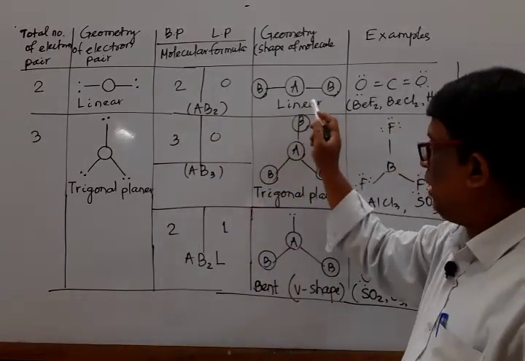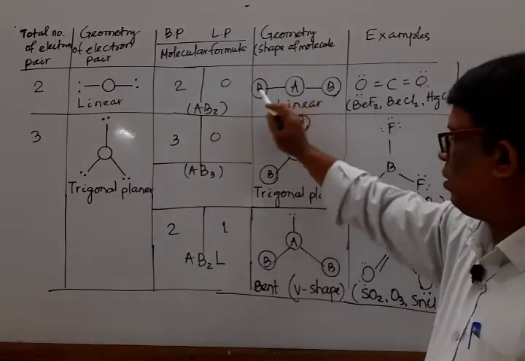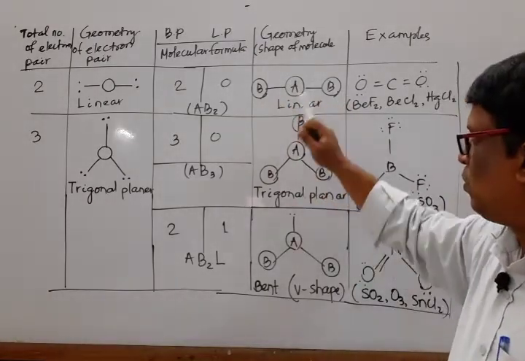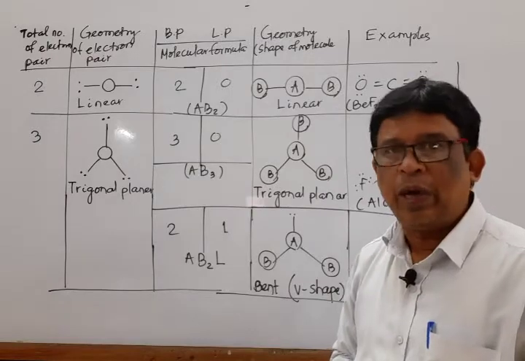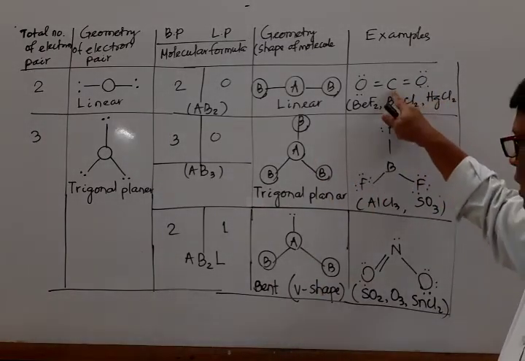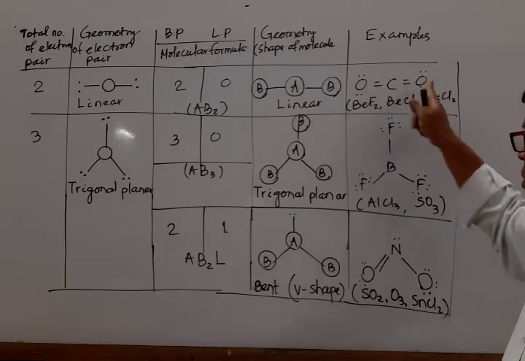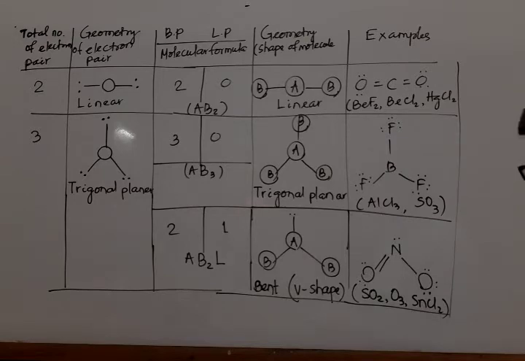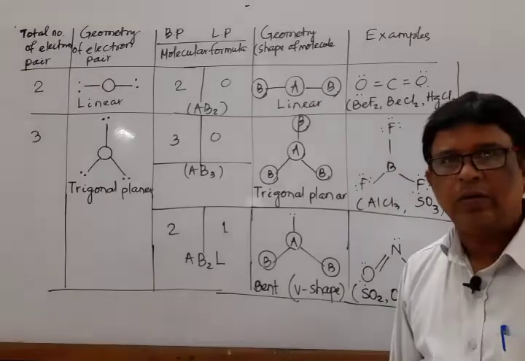A is the central atom, B is the outer atom, and B possesses one bond pair. The example is carbon dioxide. Similar examples are beryllium difluoride, beryllium chloride, BeF2, BeCl2, mercury chloride, HgCl2.